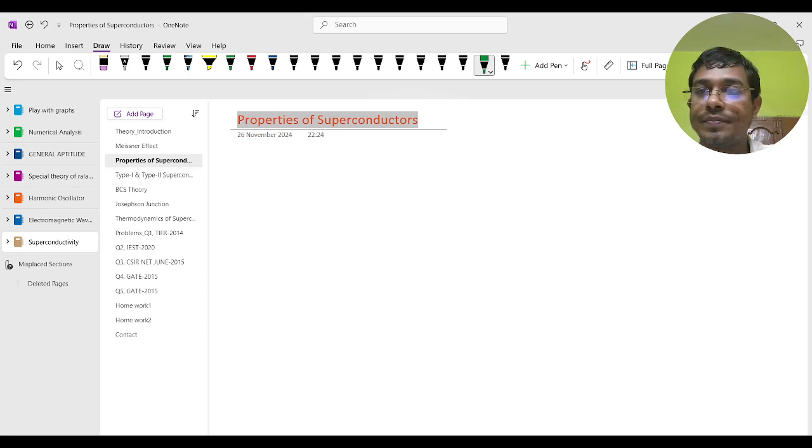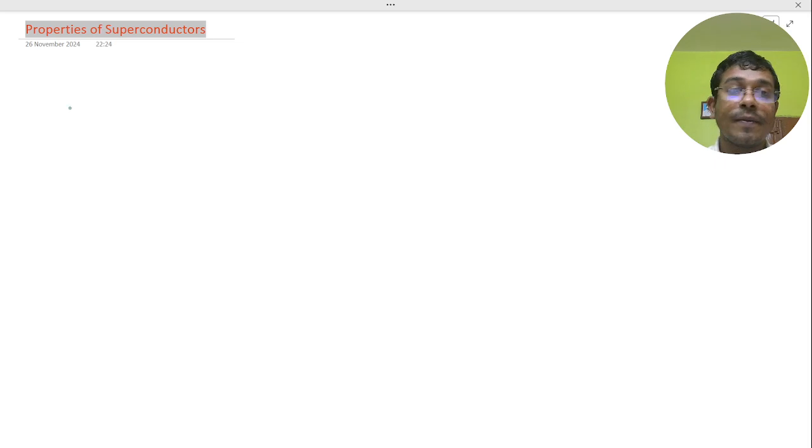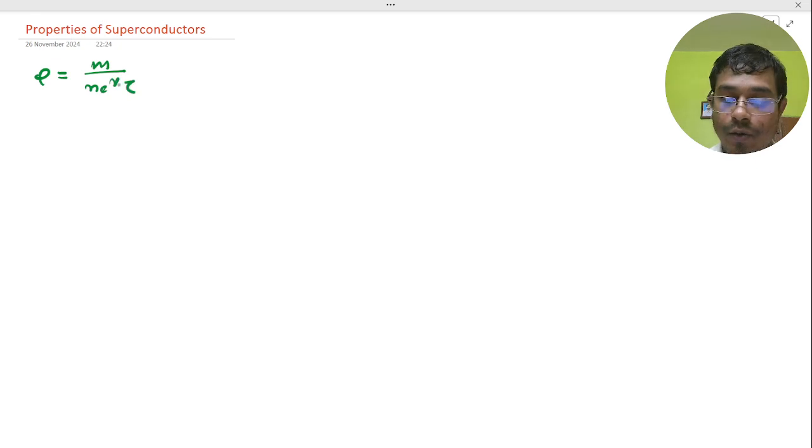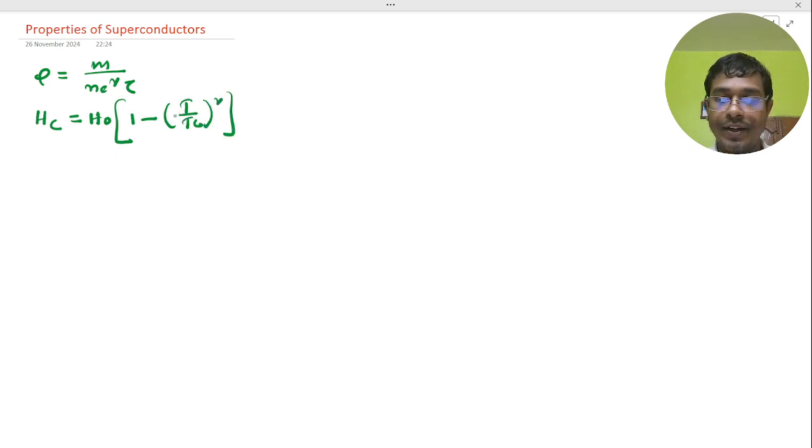The first one is that rho should be equal to m by n e square tau, where m is the mass of the electron, n is the number of electrons per unit volume, and tau is the average collision time. For critical field we have this formula: Hc equals H naught times 1 minus T by Tc whole square, where Hc is the critical field and H naught is the critical field at 0 Kelvin.